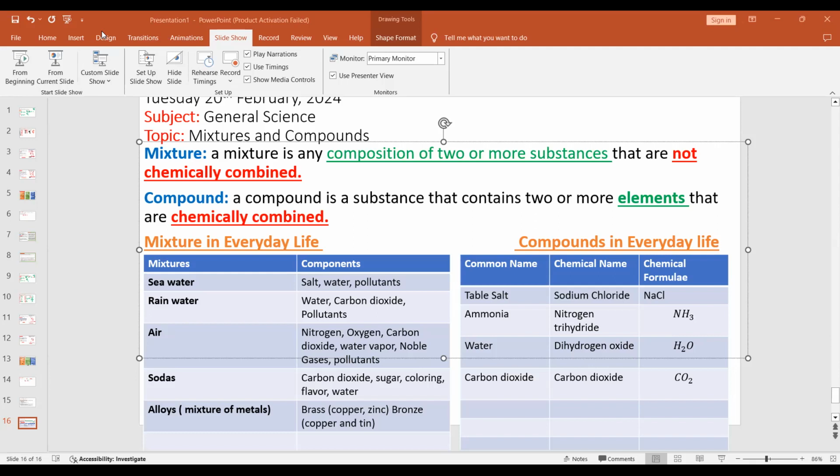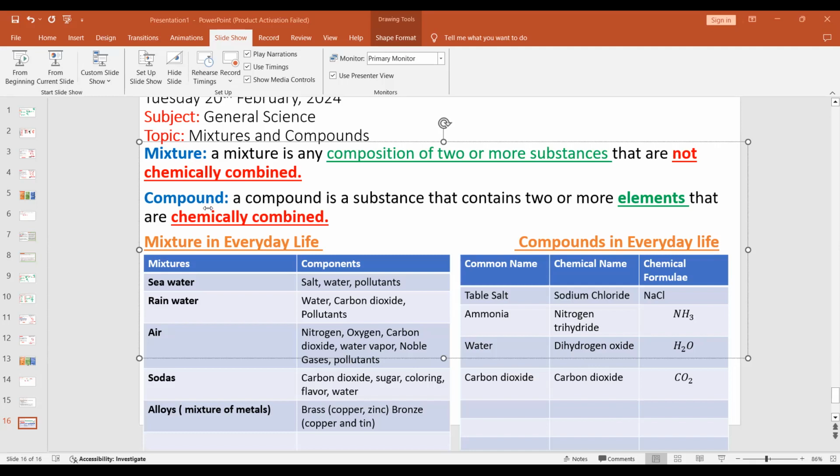I was confused if this is general science or English. When I saw the word compound, I was confusing it with the English word compound sentence. It was just in my head, and I was like, no, that's not what we mean when we say compound.